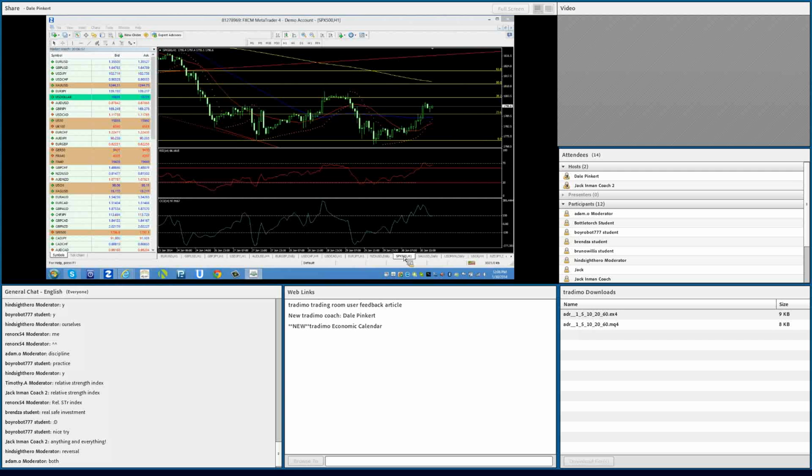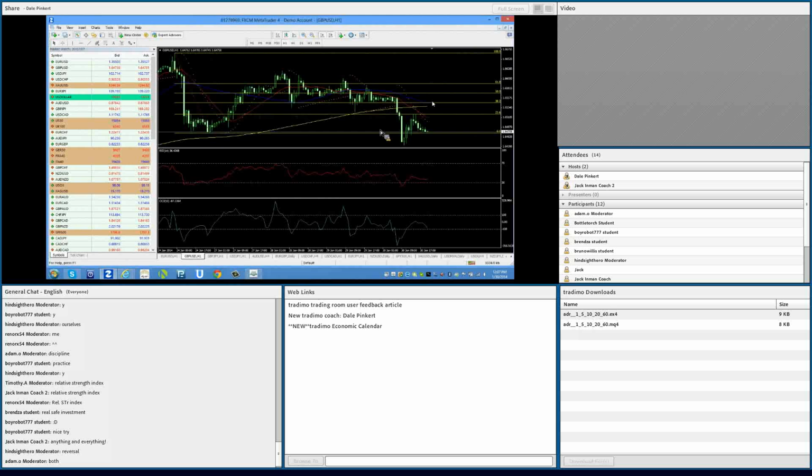So let's talk about the RSI and what it implies. Let's start with, say for example, the 1 hour pound dollar. Okay, ignore the CCI, I use it as a confirming indicator. So here in the pound, we made a new price low.